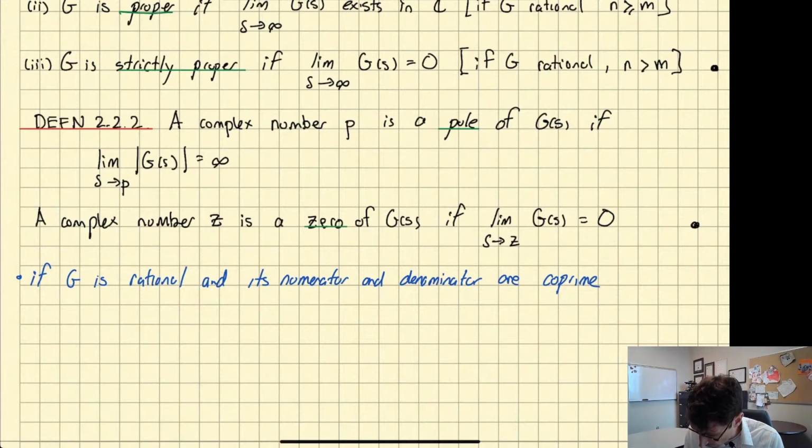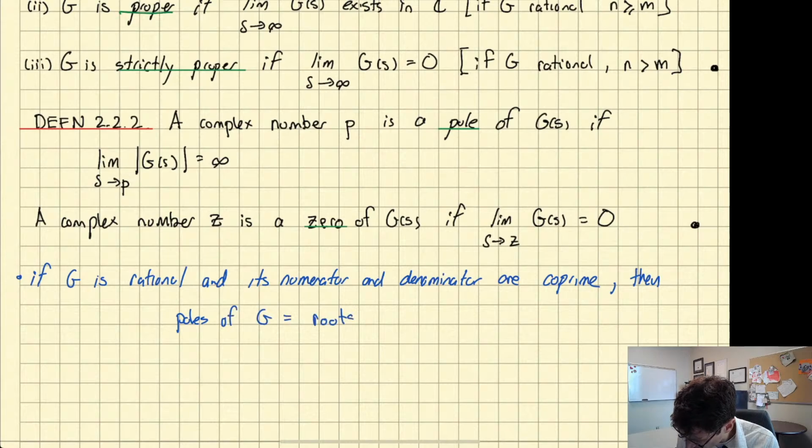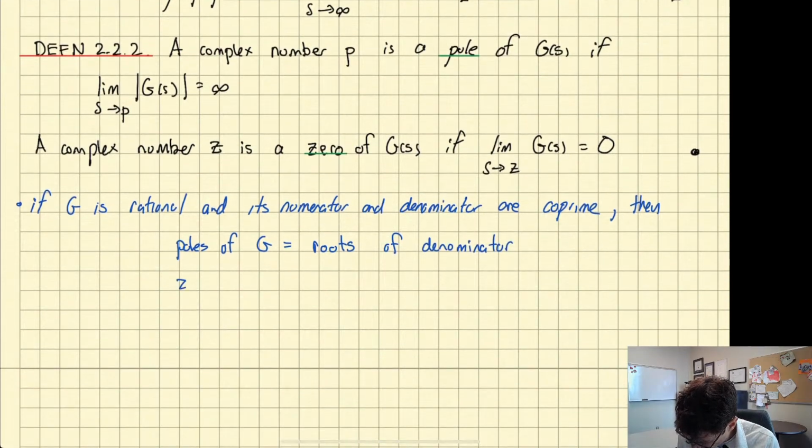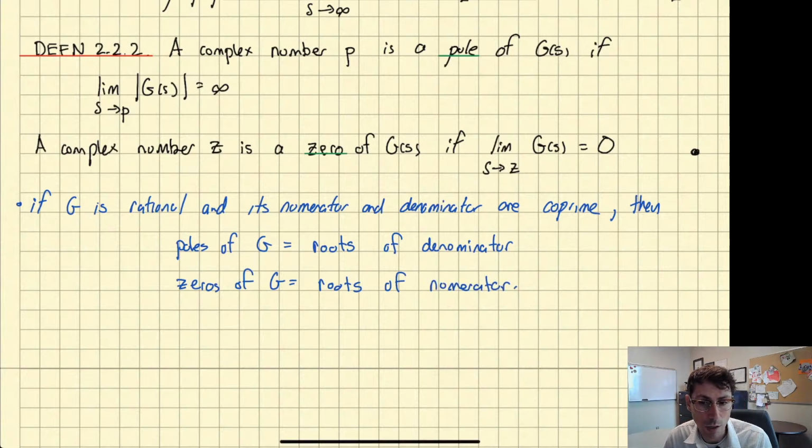Then poles of G equal roots of the denominator, and the zeros of G are the roots of the numerator. And so that'll be our most common case, where the poles and zeros are just roots of a certain polynomial.